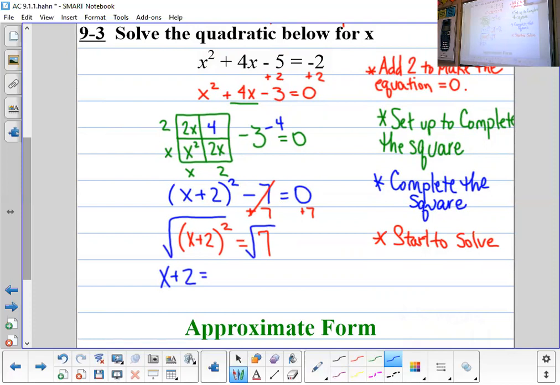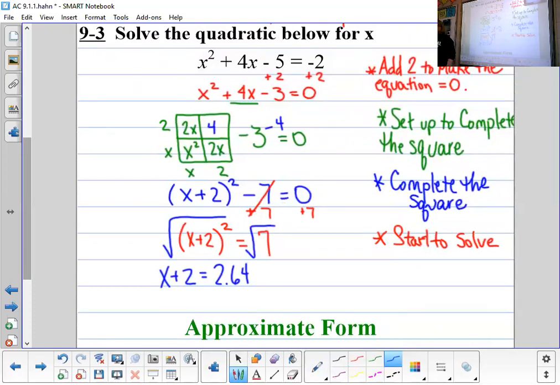So since it's not a perfect square, I'm going to put it into my calculator. You guys have a calculator. Someone tell me what the square root of 7 is. 2.64. Yes. Okay.